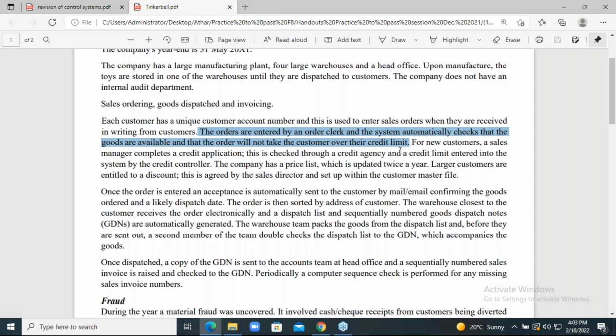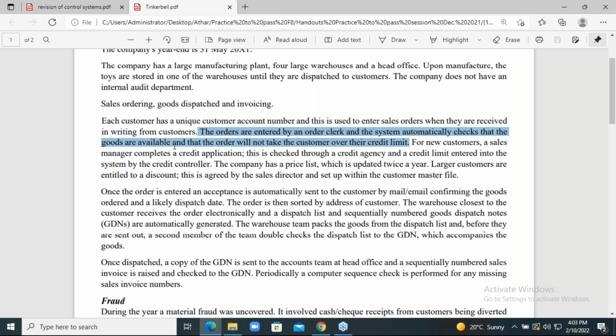Once again, this is an easy part. You can see this is another strong control system of the organization. There are three steps in this control system. First of all, orders are entered by the order clerk. The second thing, the system automatically checks the goods are available.